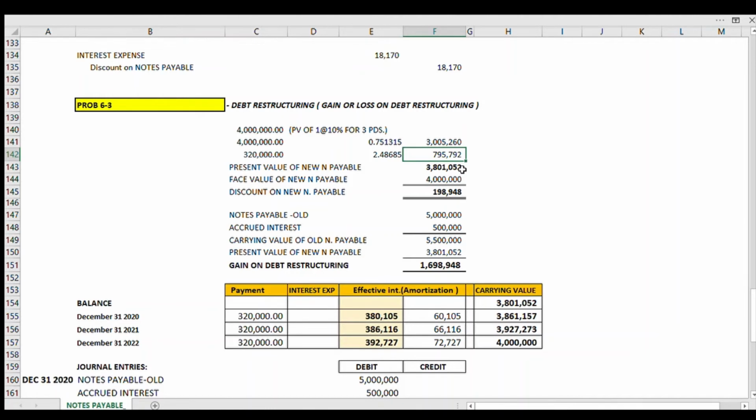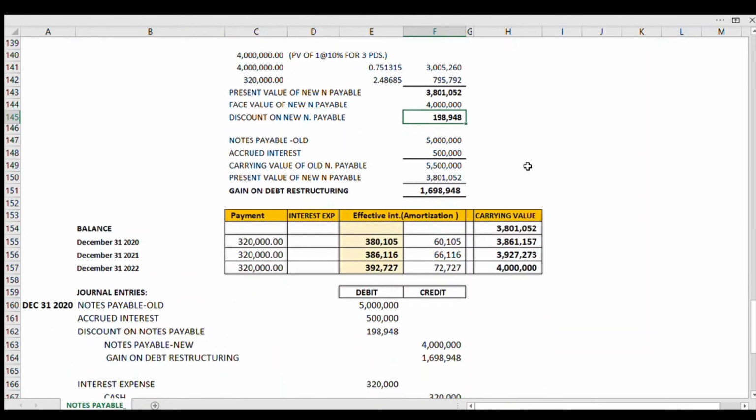So, ang present value ng new notes payable ay 3,801,052. At ibangga natin yung face amount ng new notes payable, that is 4 million. Yan ang given ng lender. So, ang discount natin for the new notes payable ay 198,948.